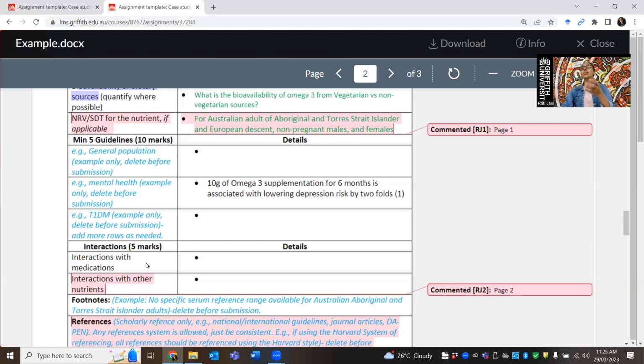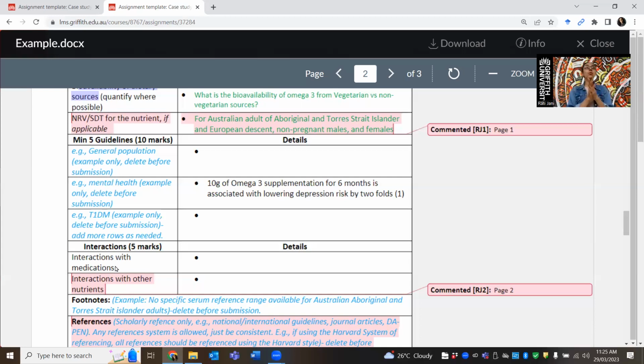Are there any medication interactions with your nutrient, with omega-3? Are there other nutrients which are hindering omega-3's digestion, absorption, metabolism? You may find this information from a textbook, which is completely fine, because it does not change a lot. But if you find this information from, you know how you have databases for medication, national databases for medication with certain nutrient interactions, and if you want to use that, that's even better.